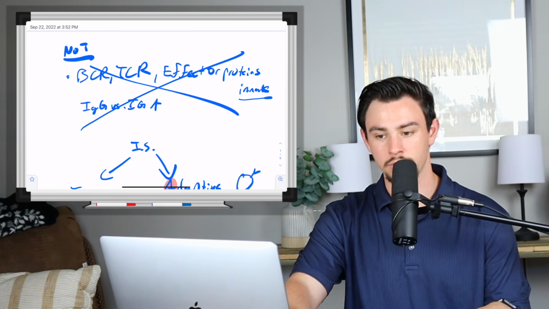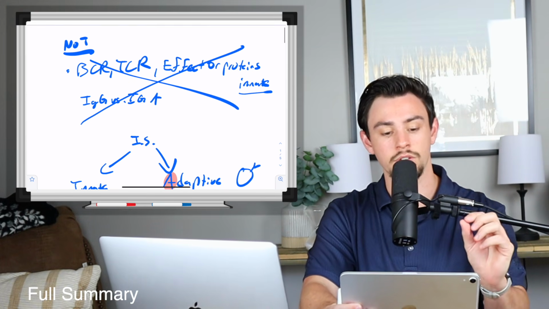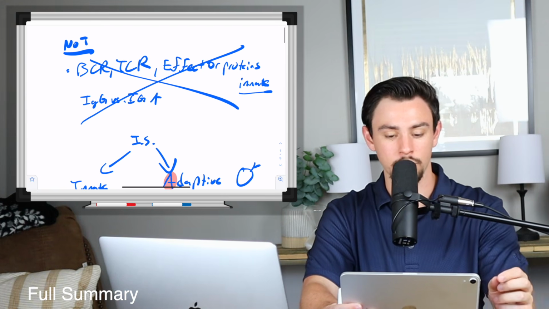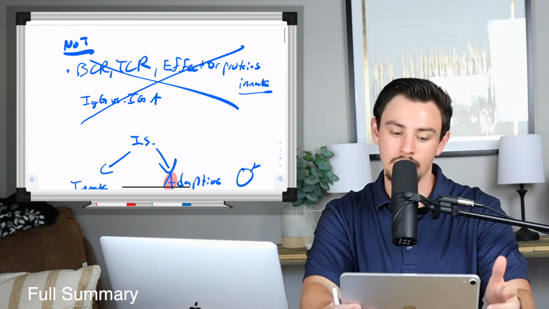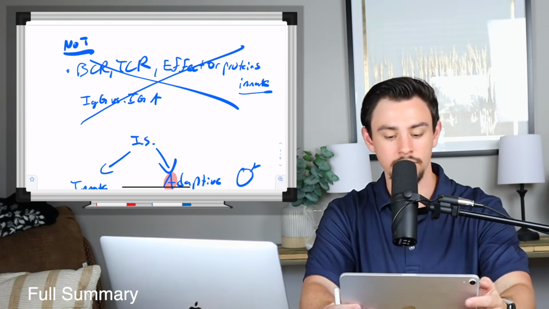So let's do a quick summary. There are a couple things that we don't need to know when it comes to studying for the MCAT with the immune system, and those are things like how the antibodies get so hyperspecific, the effector cells like the complement system, and the differences in the different immunoglobulins.